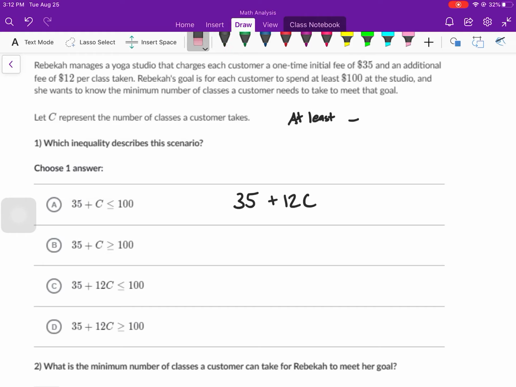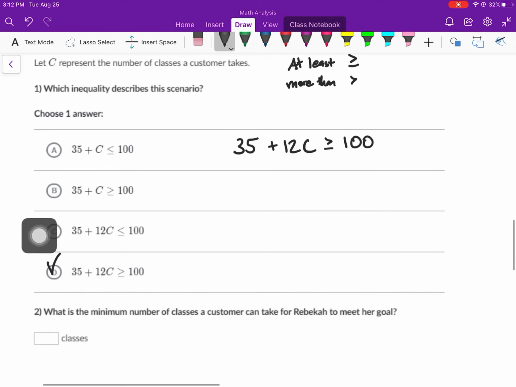Because at least means it can equal $100, but she wants it to be possibly more. So we're going to put greater than or equal to. If it was more than, then you just put strictly greater than. So she wants it to be at least $100. So if we look here, that's going to be letter D.